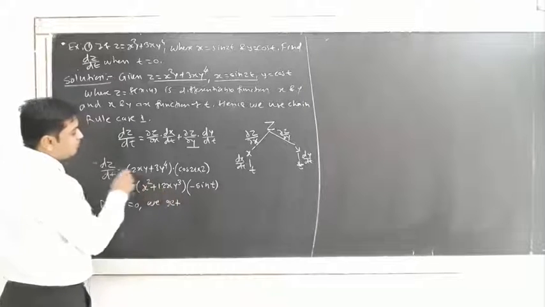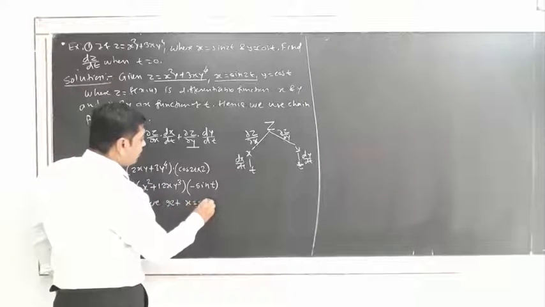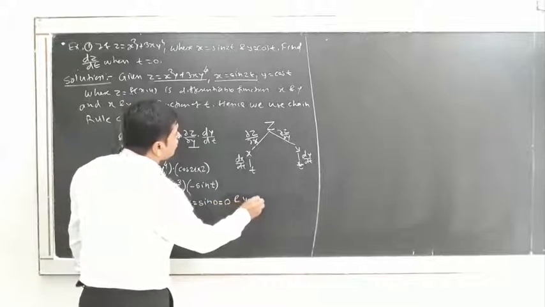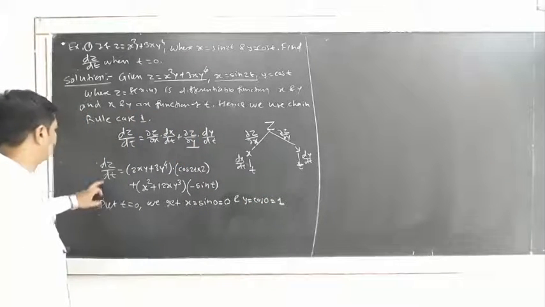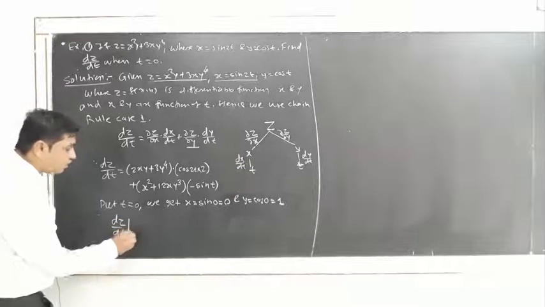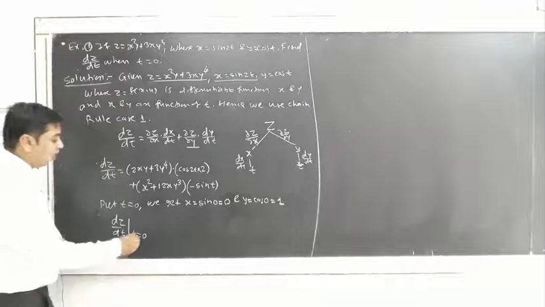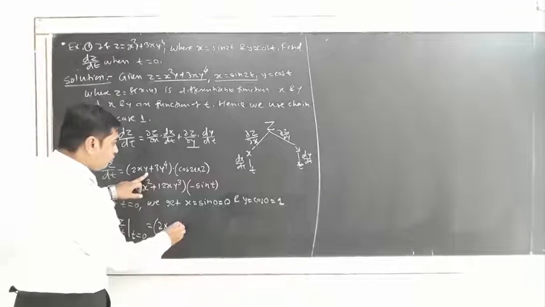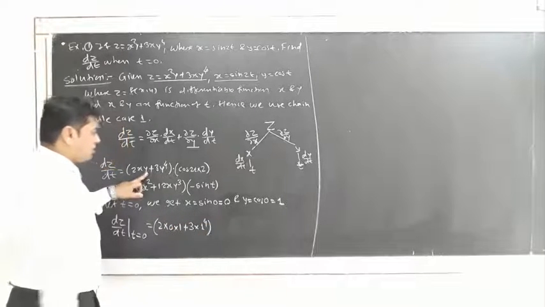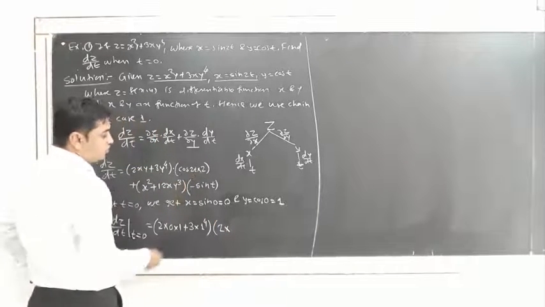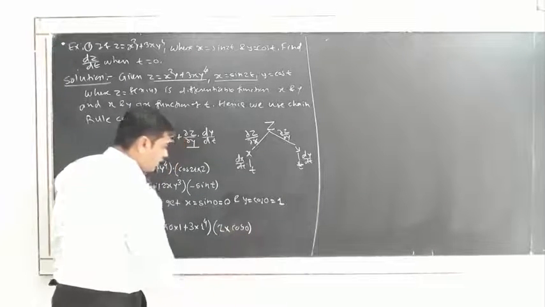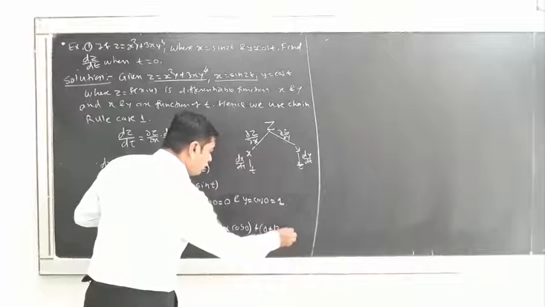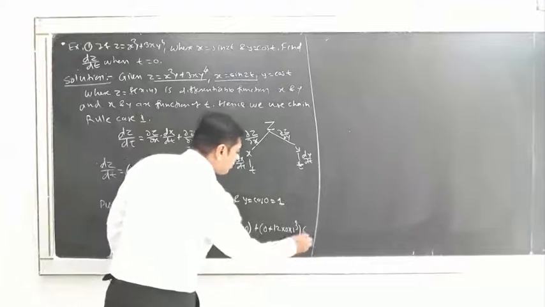First find x and y. x is equal to sin 2t, so sin 0, which is 0, and y is equal to cos 0, which is 1. Put these values in the equation. dz/dt at t equal to 0 is equal to: 2 times x which is 0 times 1, plus 3 times 1 raised to 4, times 2 cos 2t, that is cos 0, plus x squared, x is 0, plus 12 times 0 times 1 raised to 3, times minus sin 0.